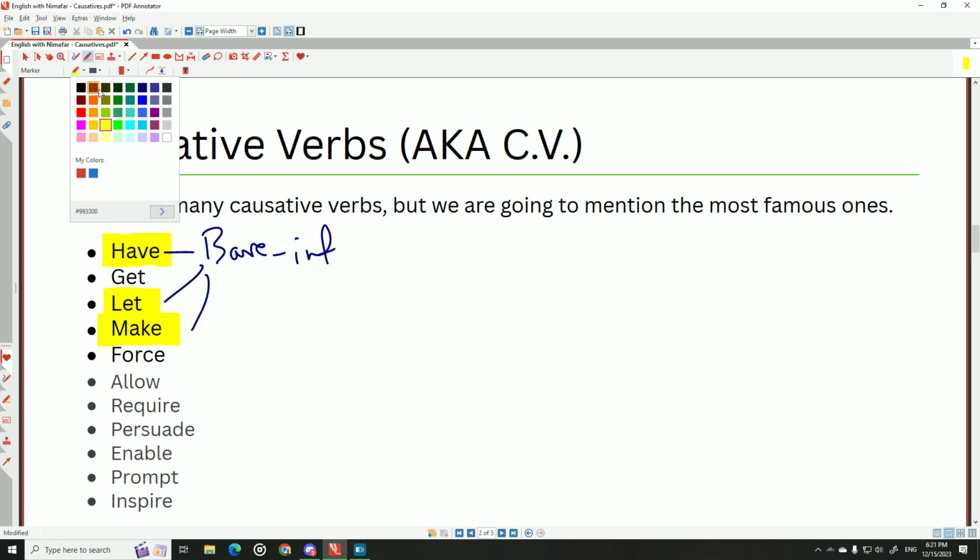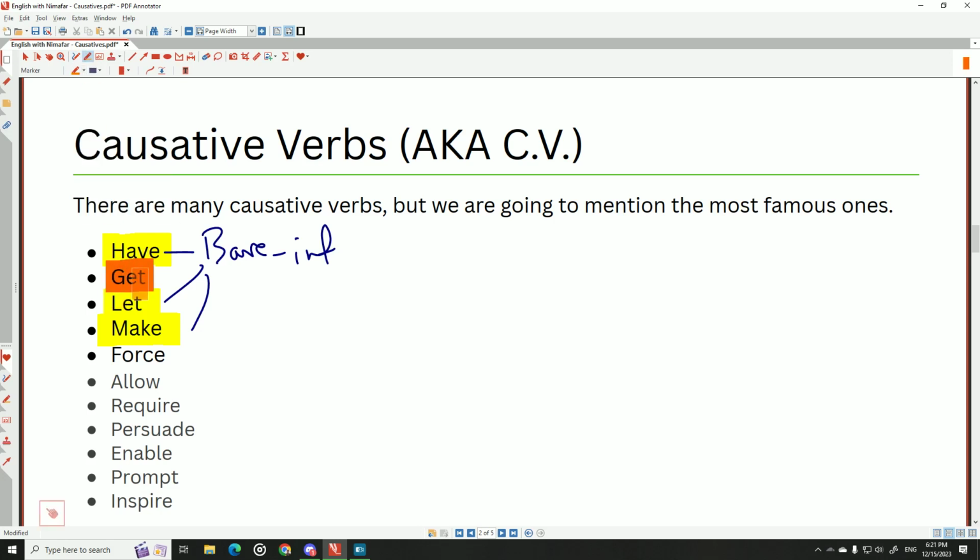But on the other hand, for get and force, we use the to-infinitive. For example, I will have a mechanic repair my car.